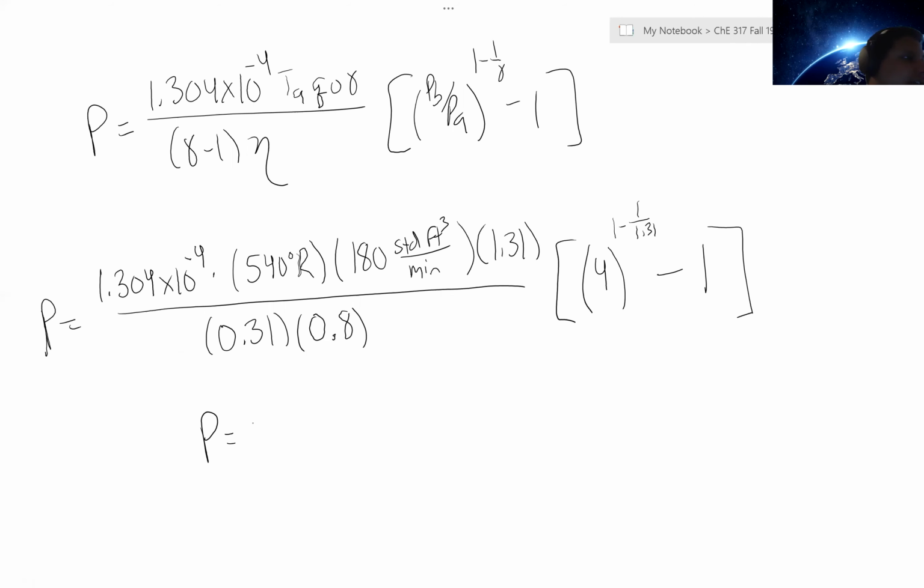If we do this calculation, we should get a power of approximately 26 horsepower.